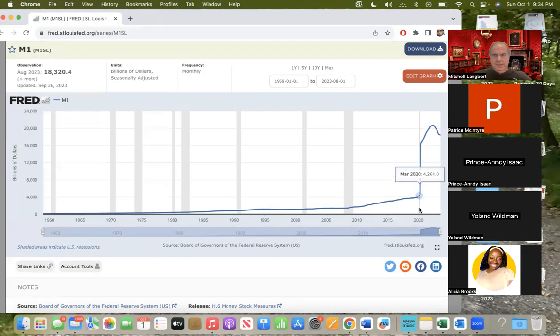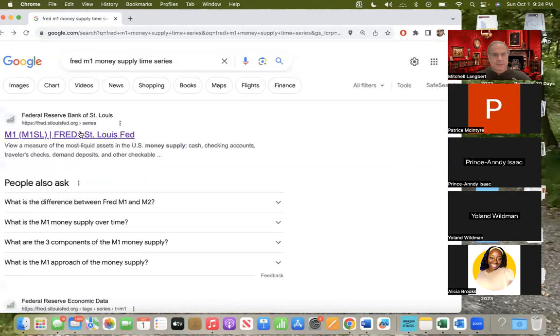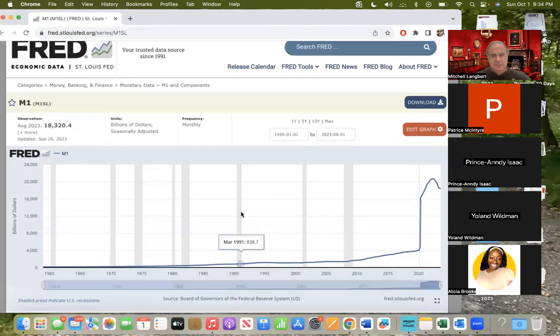But basically, this is why there's inflation. And when you see this downturn here, this is Jerome Powell fighting inflation by raising interest rates. Now, of course, one of the effects of raising interest rates is that it becomes more expensive to borrow.